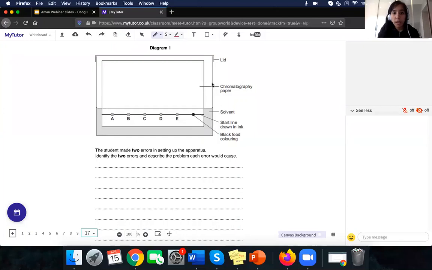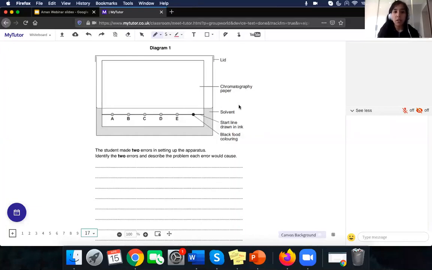Okay, as answers to this question, the 2 errors, some people are saying the line is drawn in ink and the dots are in the solvent, not above. Yep, those are the 2 errors. So what happens if we put the line in ink and not in pencil? We've got to describe what that does. It says describe the problem each error would cause. Good, so the ink gets smudged or dissolved in the solvent.